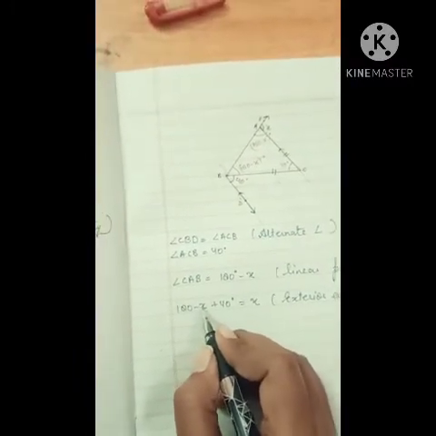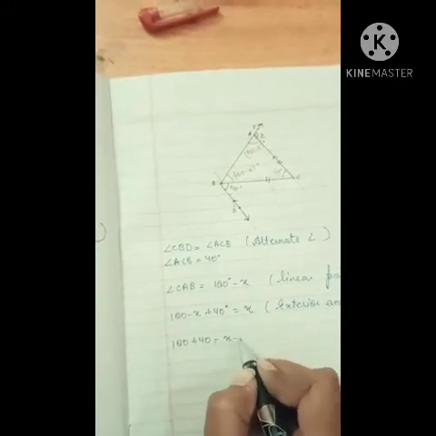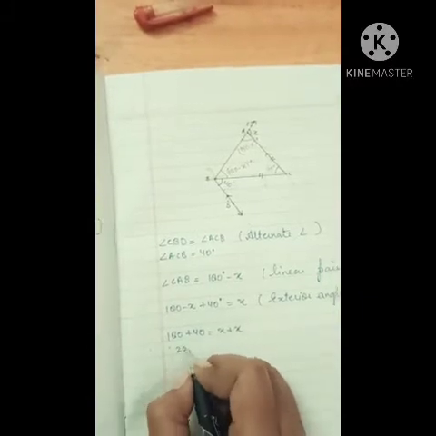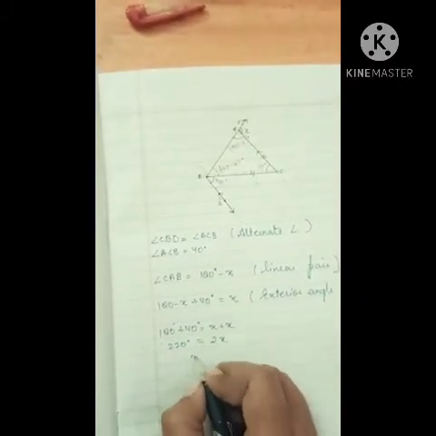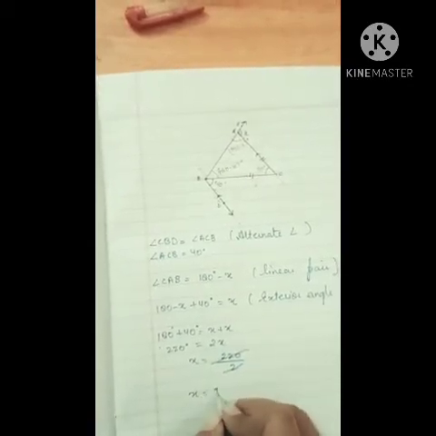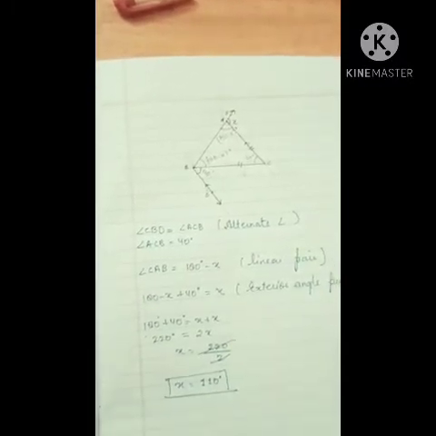We transfer this x this side. 180 plus 40 is equal to x plus x. 180 plus 40, 220 degree is equal to 2x, and x is equal to 220 divided by 2. That means x is equal to 110 degree.